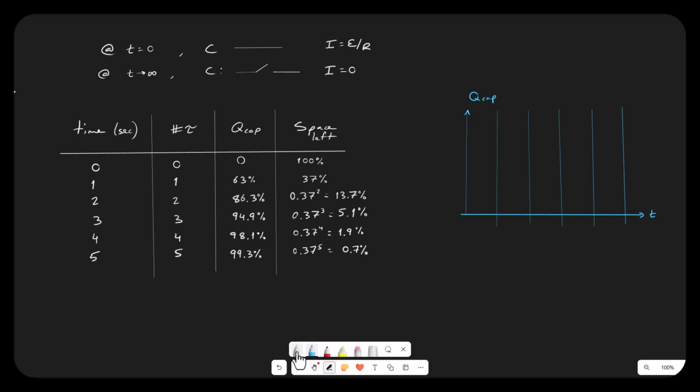The maximum charge I'm going to get on my capacitor, I know, is equal to C times V. I'm talking about the charge, or the voltage of my battery, so I'm going to throw an E on there.